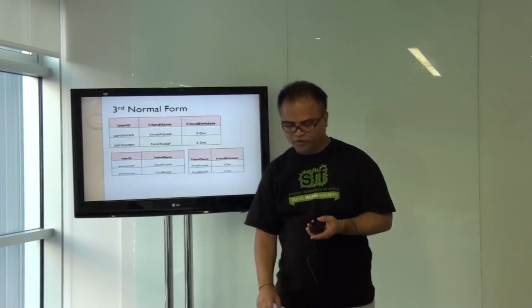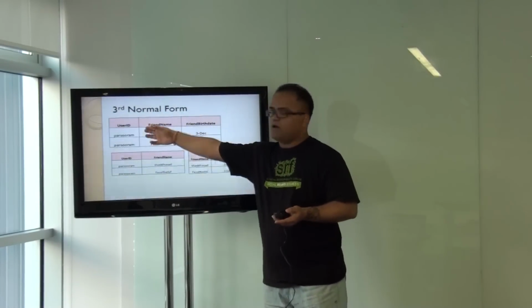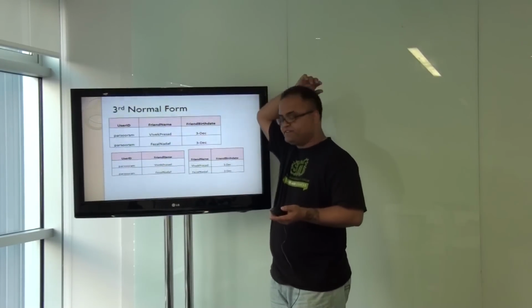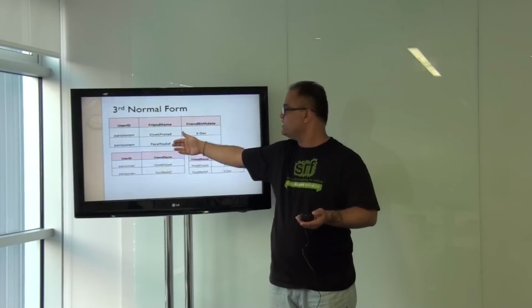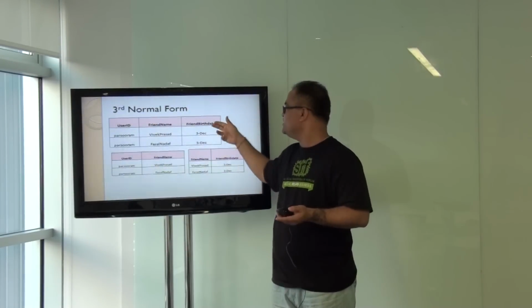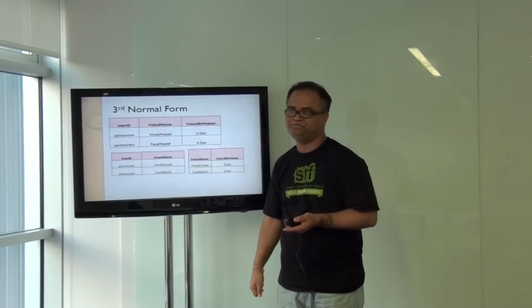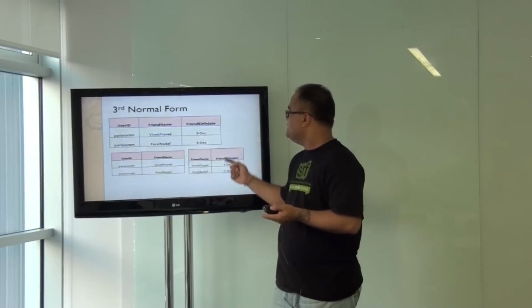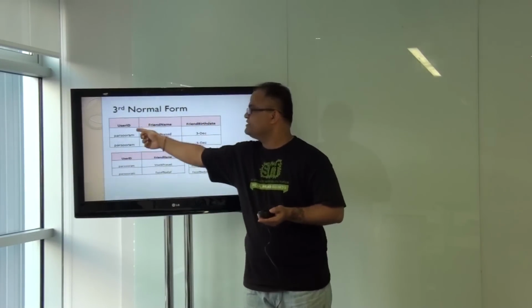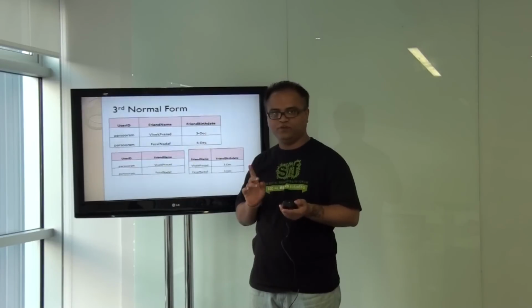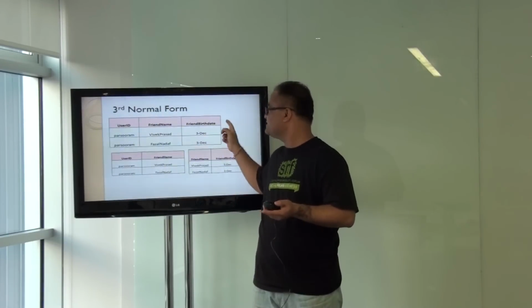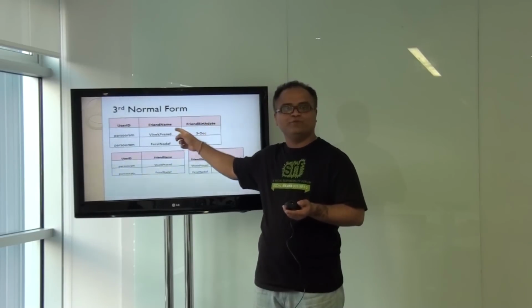Let's go to the third normal form. I am a user on Talentry. I have two friends. One is Vivek Prasad, one is Fazal. Both of them have their birthday on 3rd December. Now, is this birthday 3rd December because this ID is mine? No. This birthday is 3rd December because the person is Vivek Prasad.